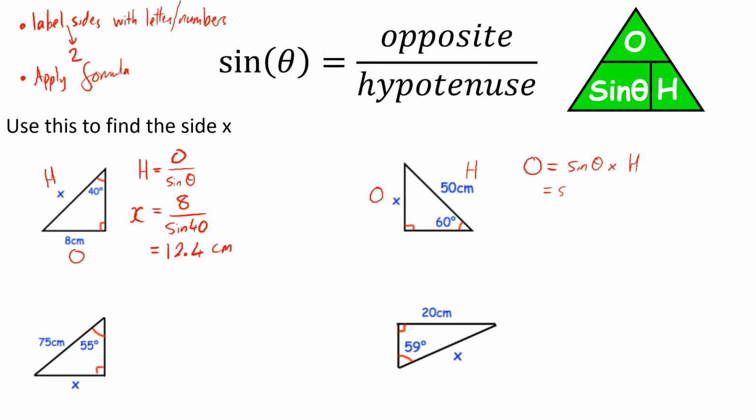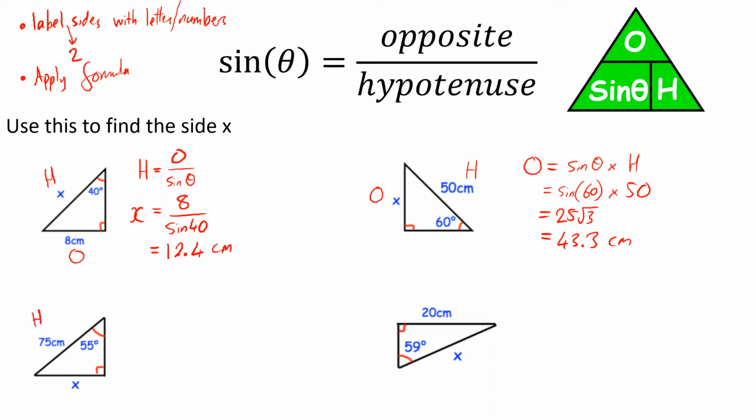I'll do sine 60, and make sure you close the brackets on that, times 50. Now if you type that into a Casio, it will actually tell you something like 25 root 3, but I would prefer this as a decimal, so we want to change that to 43.3. What about the second question, or the third question?